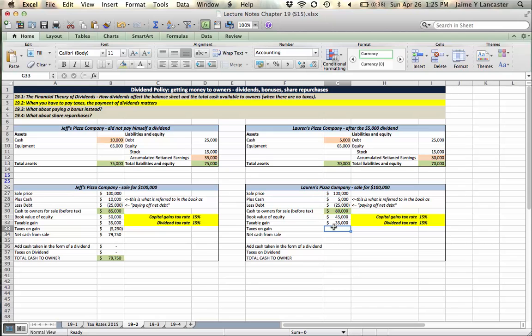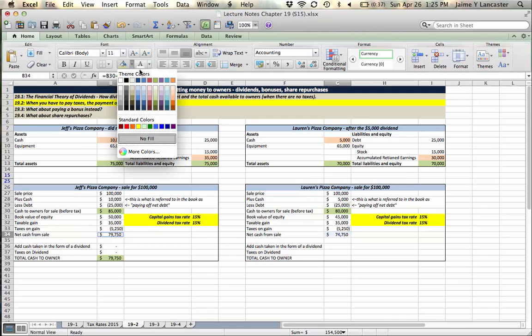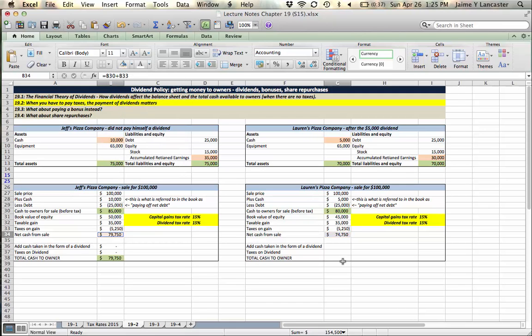Her taxes on her gain, also 15% multiplied by that taxable gain, which means that from the sale of her firm, oops, did you catch what I did? I screwed up. She's going to receive $80,000, and she'll pay $5,200 of that in tax, meaning that she's going to receive from the sale $74,750, right? Less than what Jeff's going to receive.